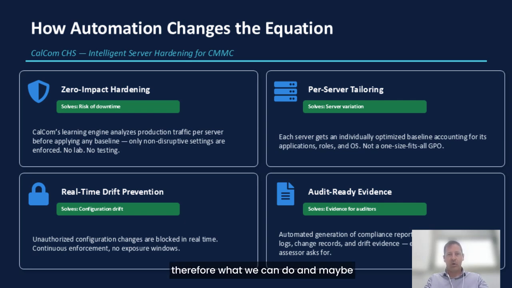And therefore, what we can do and maybe how we can help you in Calcom to implement this is by providing hardening automation. And actually hardening automation, when you look into a standard like CMMC, which is well defined with very strict requirements, is something that can save you a lot of time.